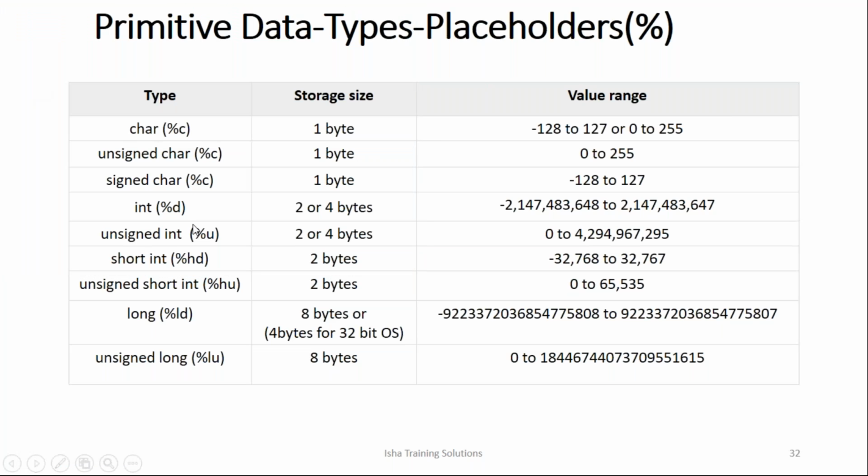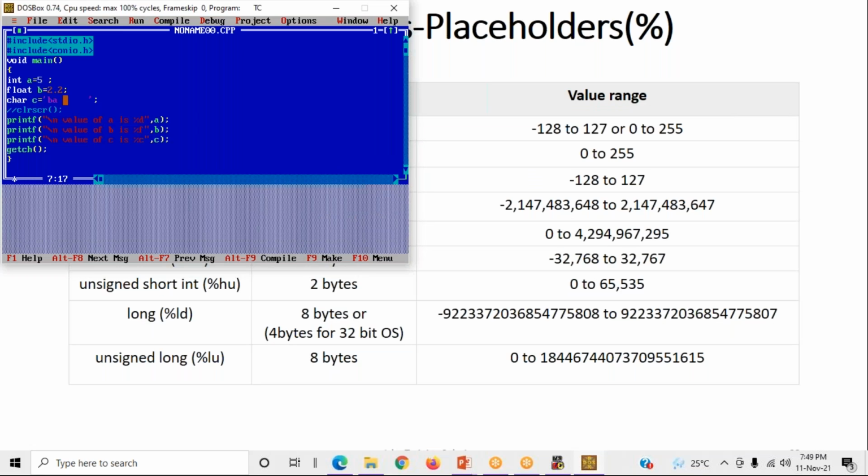What I am saying, integer will occupy 2 or 4 bytes. What is this 2 or 4 bytes? 2 bytes will be occupied in a 16-bit system and 4 bytes in a 32 or 64-bit system. In general, as per the old standard, the integer will hold 4 bytes of data whenever you declare a variable.